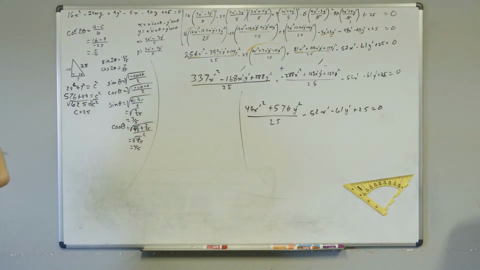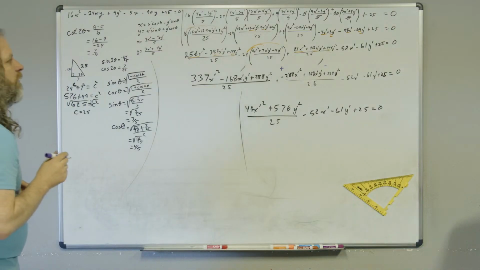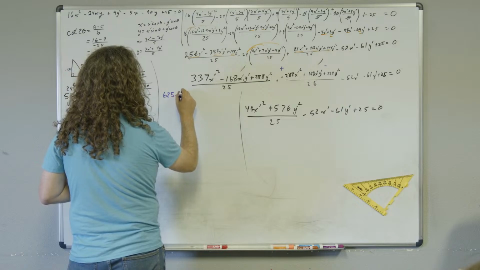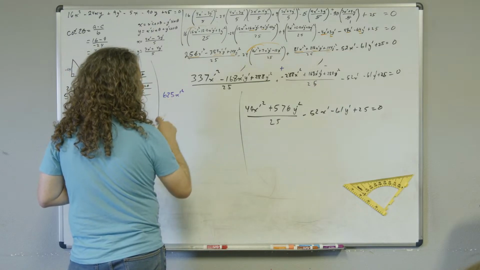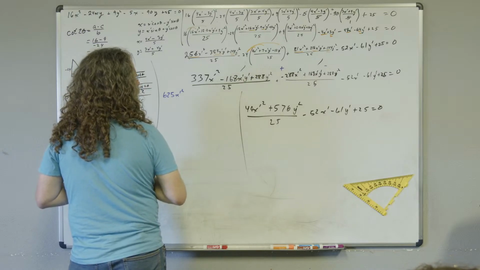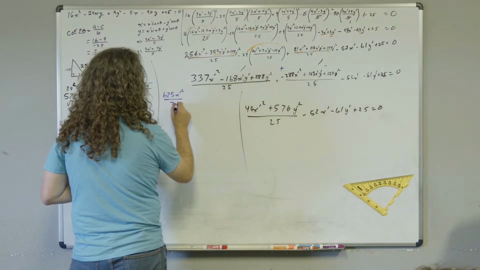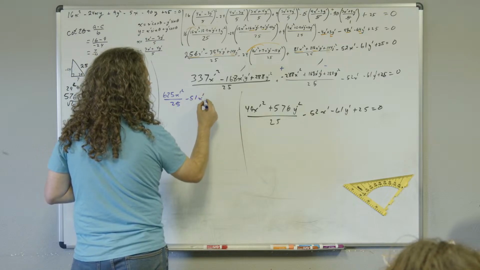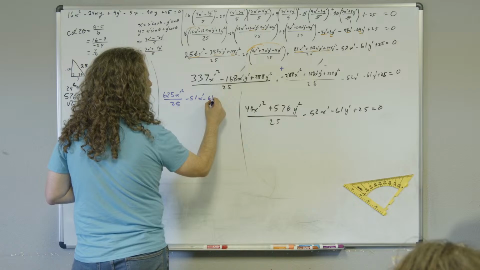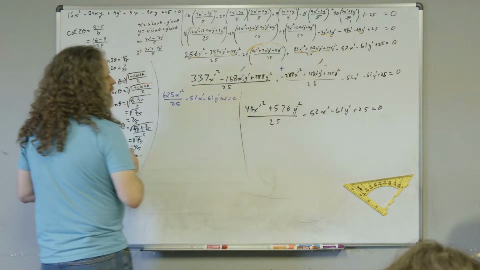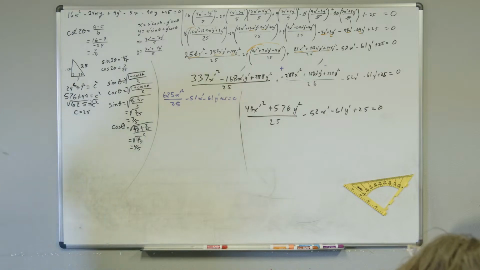I think this is gonna matter, because I think one of them does cancel. 625. Okay, so 625 x prime squared, those would cancel at that point. These would also cancel, right? So it'd be that over 25 minus 51 x prime minus 61 y prime plus 25 equals 0.